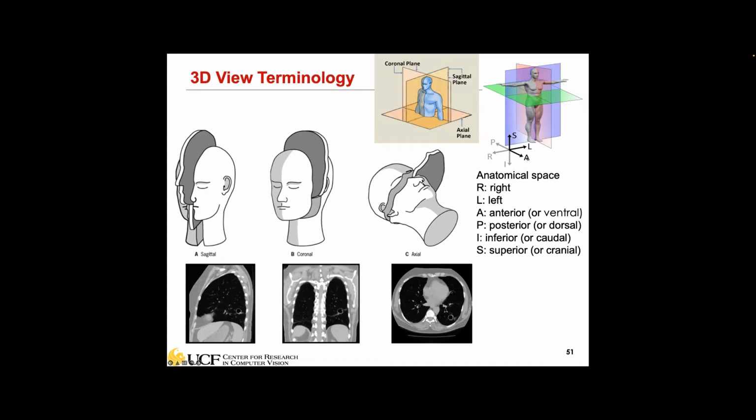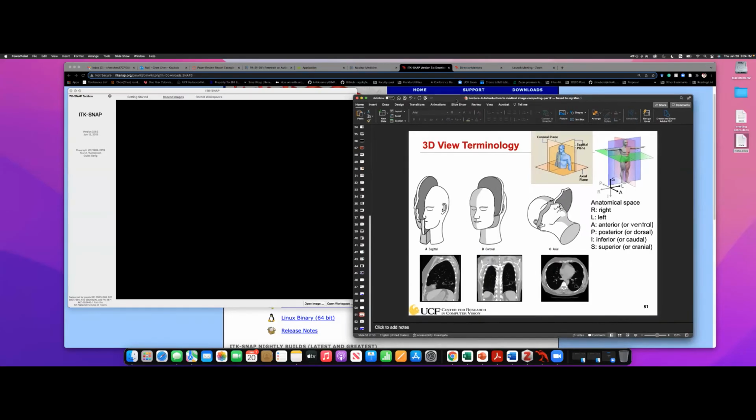And we have posterior or dorsal, which is the back of the body. We also have inferior, pointing towards the bottom part of the body, like the leg, and superior, pointing towards the upper part, like the upper extremity. So let's set this aside.